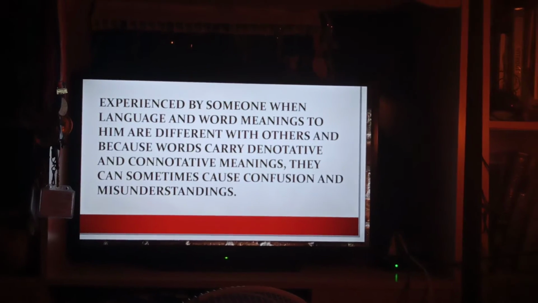It's not only happening when you are communicating with someone having a different language, like for example, you're communicating with an American or maybe with an African or British. There are times also that even among Filipinos, linguistic barrier is common. Like for example, when you are speaking with someone from Visayan region or Visayas, there are words in Tagalog that have different meaning to them.